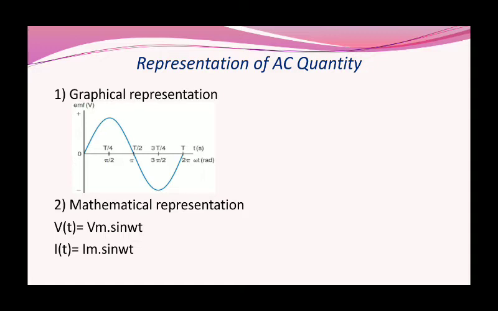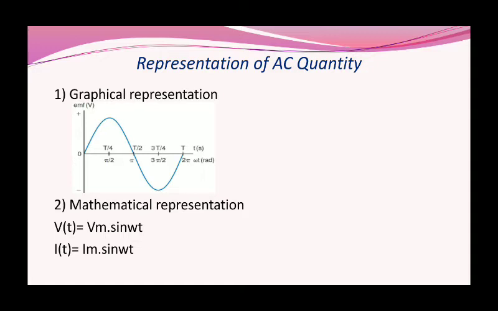Representation means what? Representation means expressing something. For example, there is an AC voltage. So the question comes, what is the magnitude of that voltage? Means how much is the voltage, how much is the current, and how is its nature, means is it AC or DC. So to know all these parameters, we can have an expression, or we can say representation.